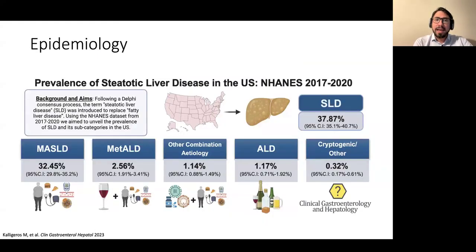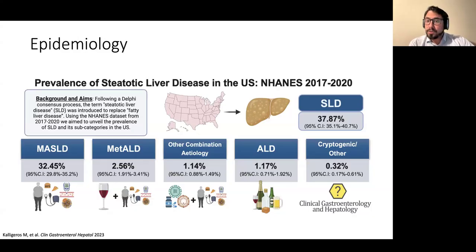And regarding the epidemiology of steatotic liver disease, we know that in the US, at least 38% of the population, especially adults, have steatotic liver disease. And most of them will have MASLD in around 32%, and a smaller fraction will have MetALD and ALD.